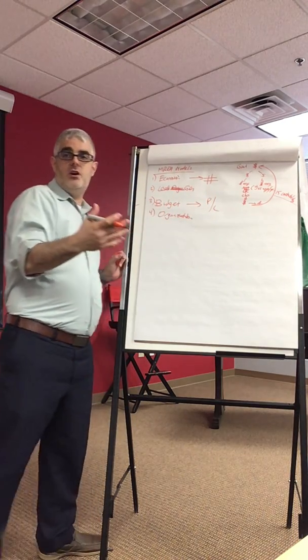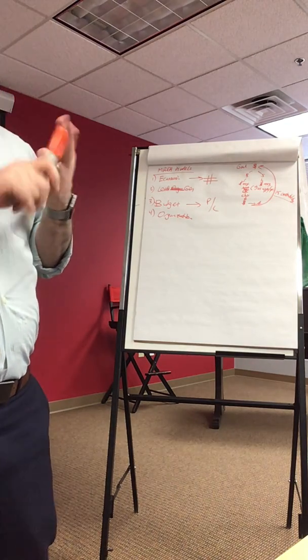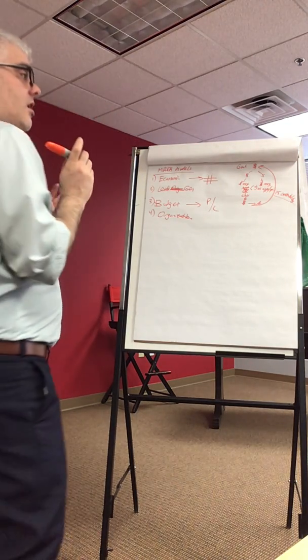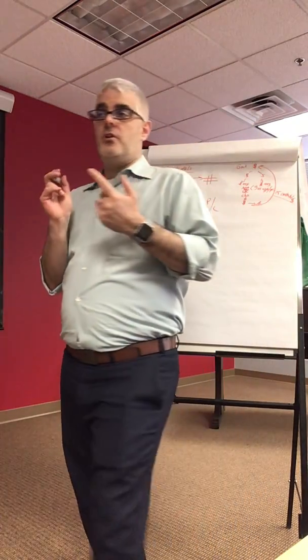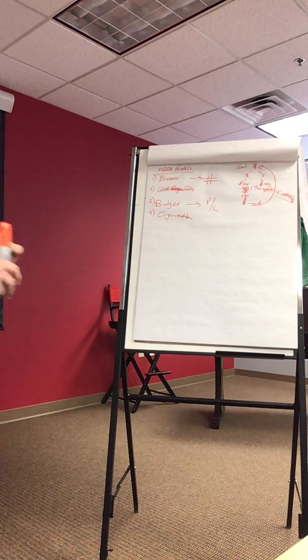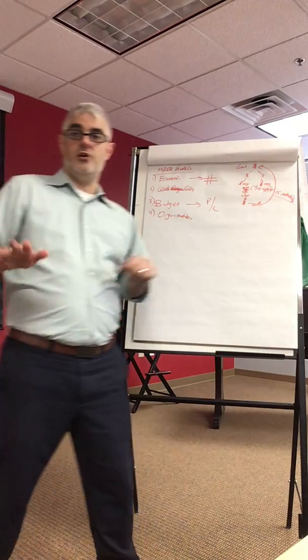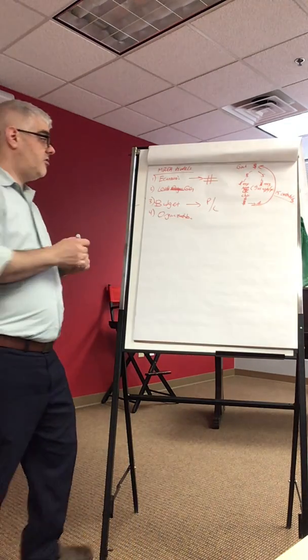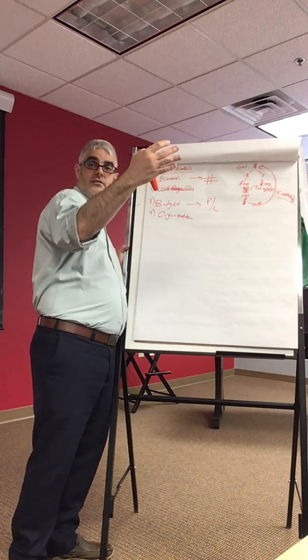So how am I spending my money? Am I spending the appropriate amount of money on technology, on lead gen, on education, travel, food and entertainment? Am I spending the appropriate amount of money on my buyer's agent or showing agent or listing specialist or ISA or runner or bookkeeper, or any of those people that are going to be helping me build my business? We have best practices and ratios based on how big your organization gets.